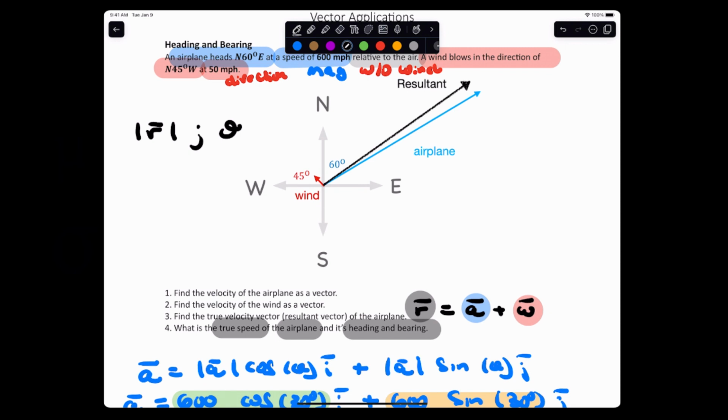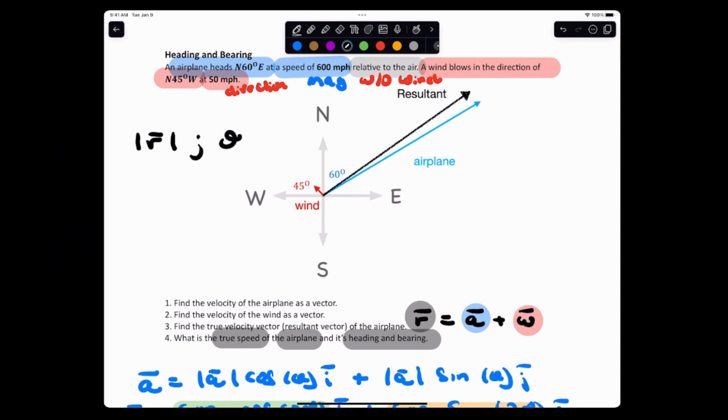Now, let me give you guys some information here. I got news for you. That's the theta they're asking for. And let me be more specific. This is north theta east.